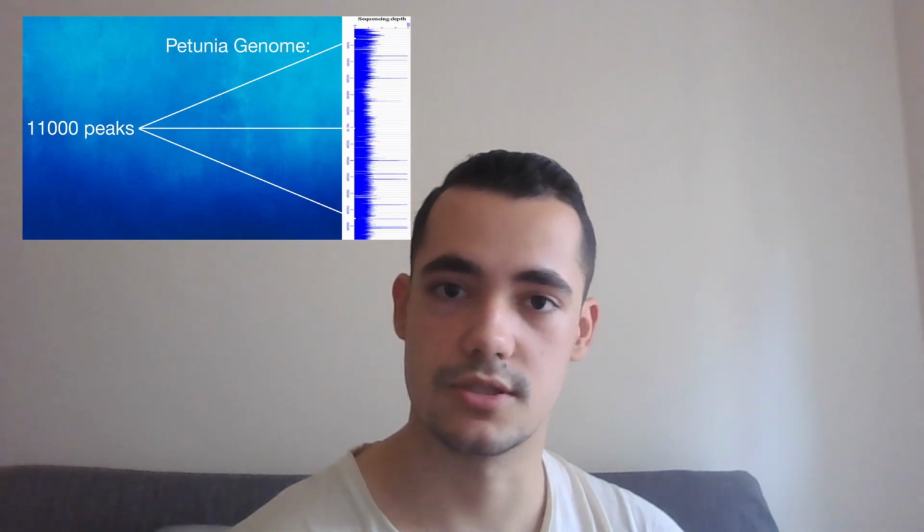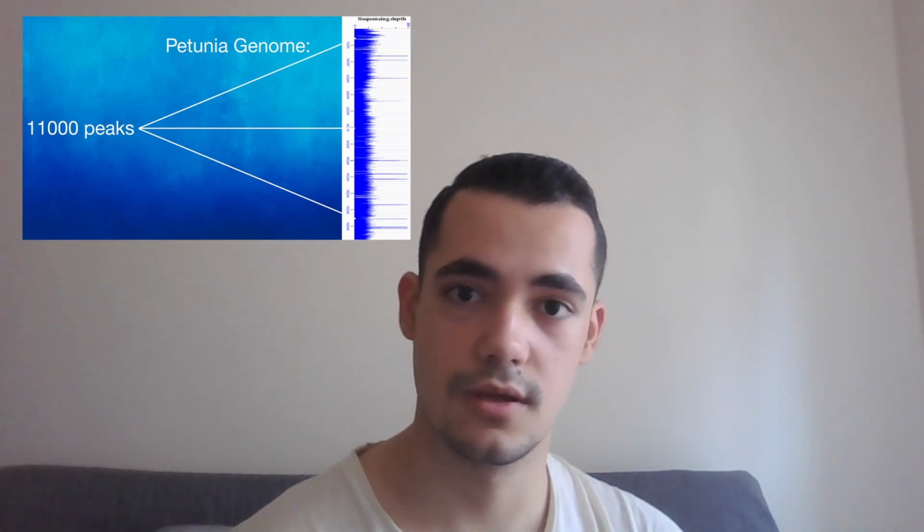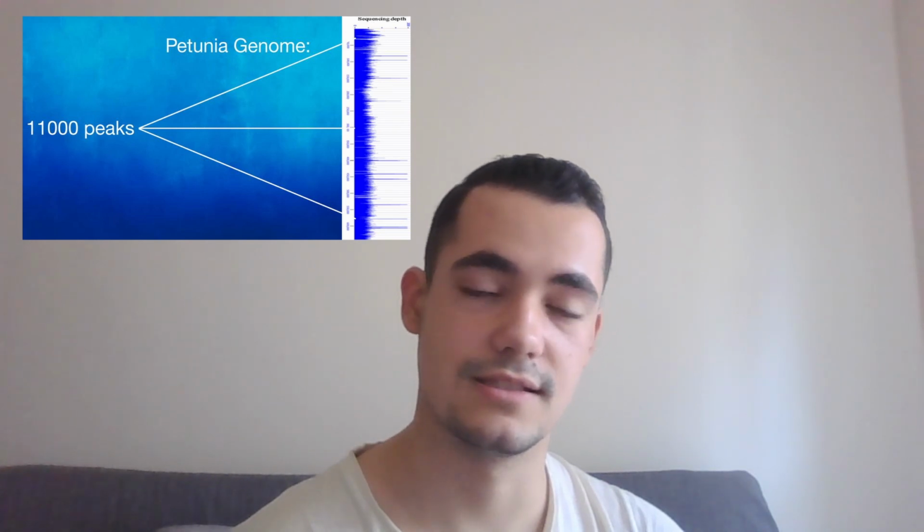In fact, when I was an undergraduate biology student, I was tasked by my professor, because he knew that I was a programmer, to make a program that will take 11,000 picks, 11,000 positions in the petunia genome, and it will tell me if one of those positions was in a gene, and if yes, what that gene was.